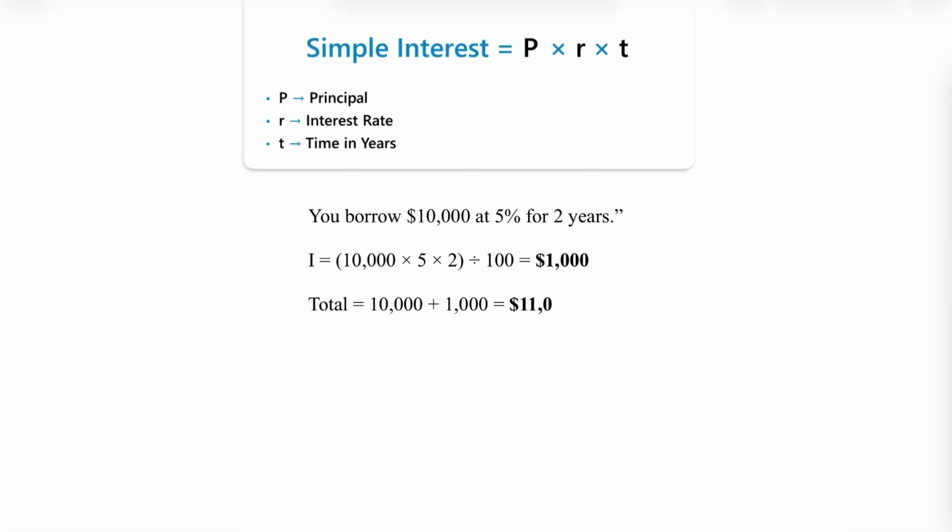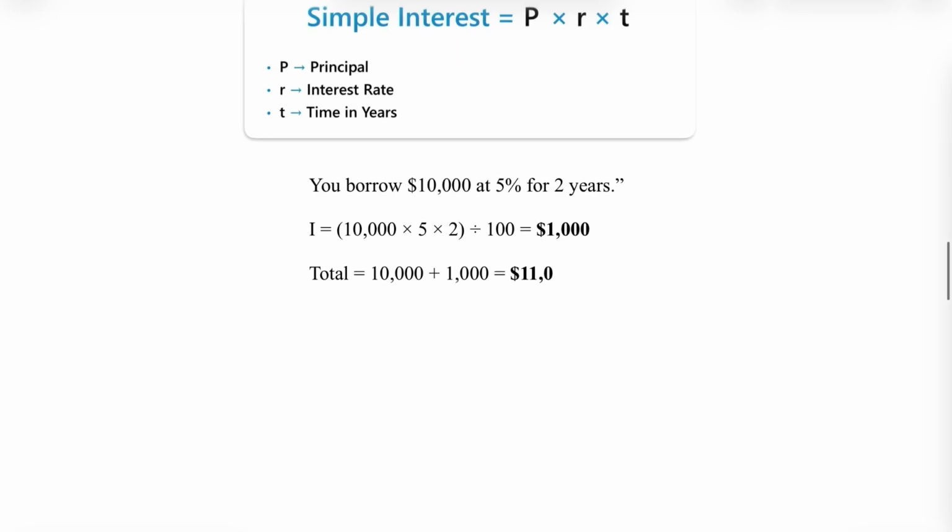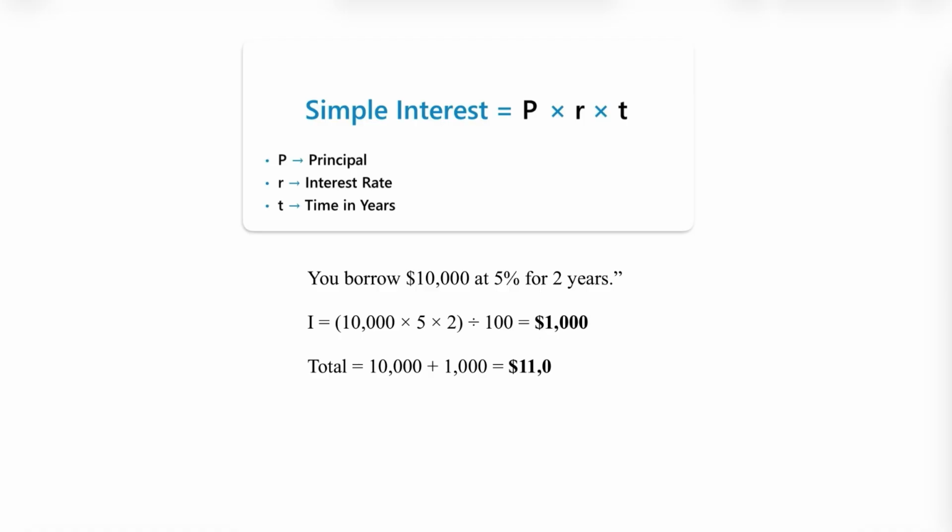So here is an example where it says that you borrowed $10,000 at 5% for 2 years. You can see that they substituted here. P, which is the principal, is the original amount, so you actually borrowed just $10,000. The rate, 5%, you put back here at R in the formula.